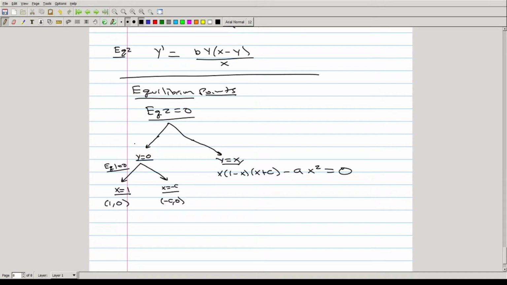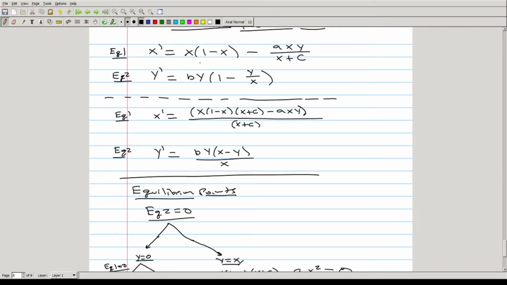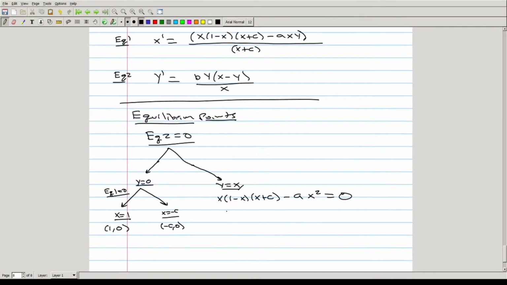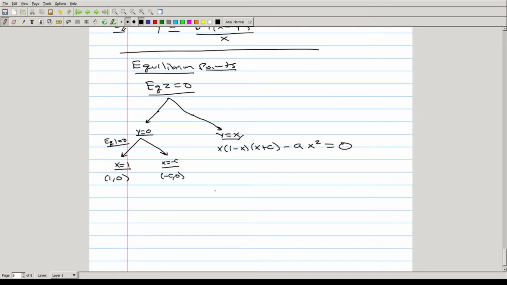It's important to point out too that x equals 0 is not a possible solution to this. Even though you can factor an x out here, x equals 0 is not a possible solution because of the division by 0 here. And this reduces to y being equal to 0 as well.